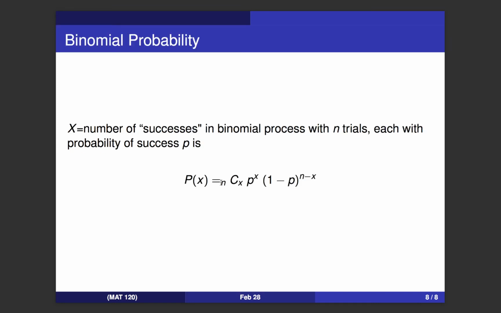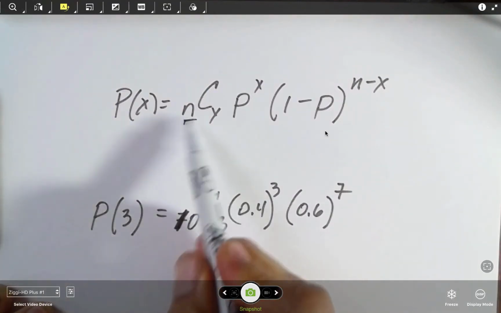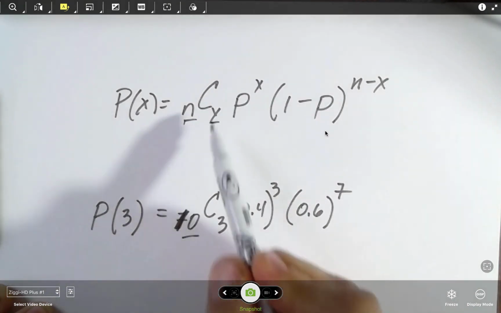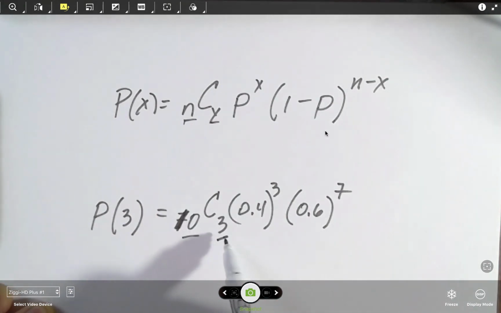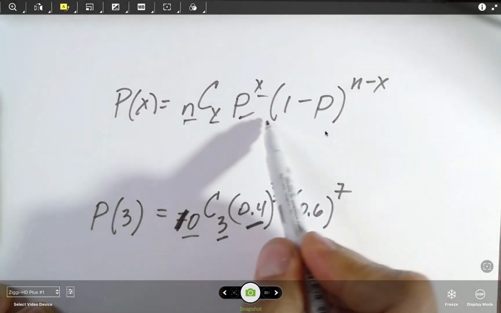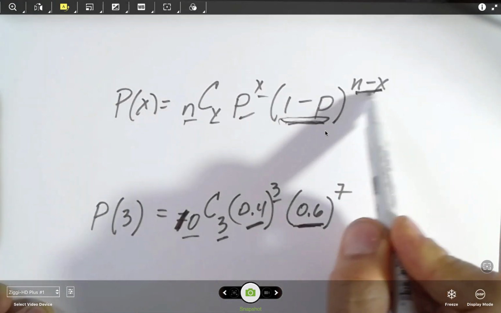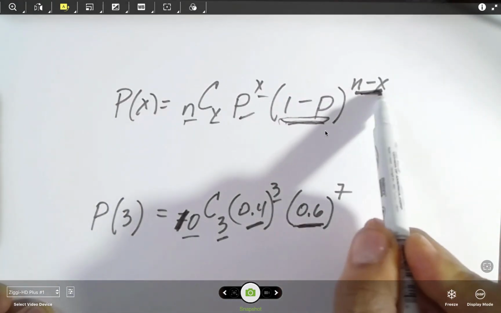Here's our general formula for the probability of X successes with N trials and probability of success p. In our last example, we had N equal to 10. Our X, we're looking for 3 successes. Our p was 0.4. Again, X is 3. And then 1 minus 0.4 is 0.6. And 10 minus 3 is 7.